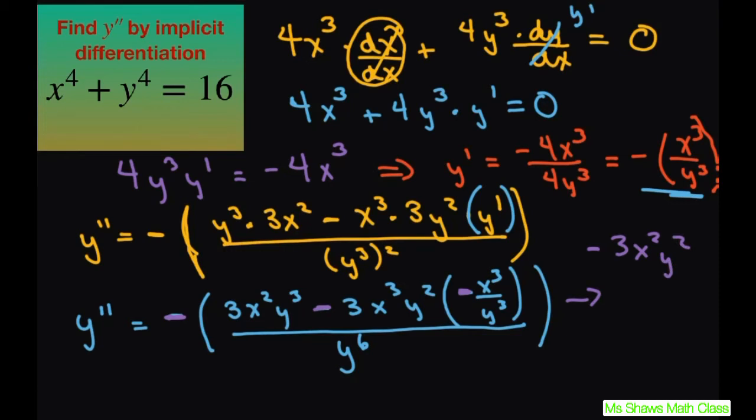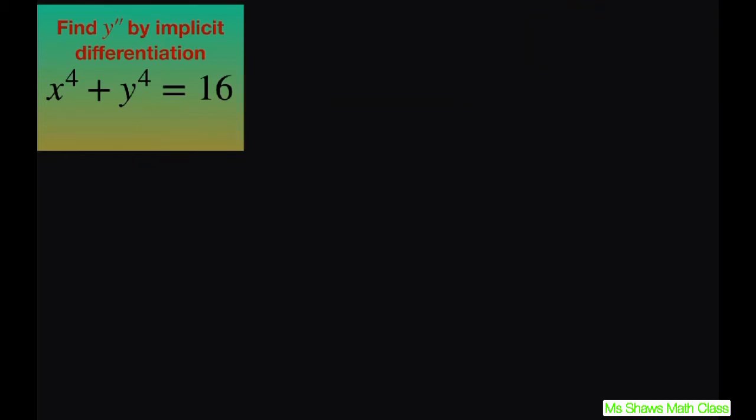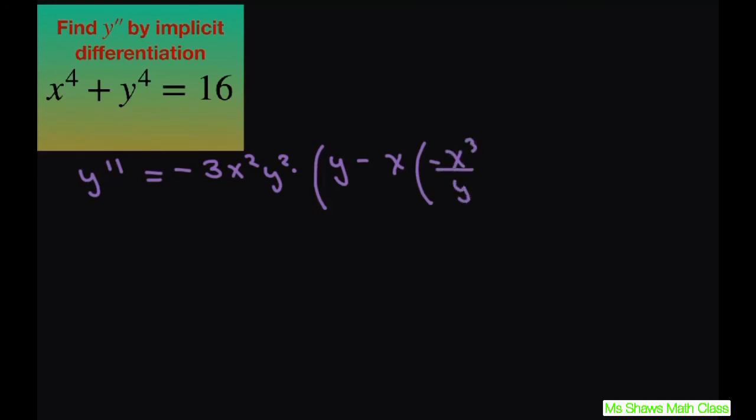So when I do that, I'm going to get y double prime equals negative 3x squared y squared times, and then we had y minus x times negative x cubed divided by y cubed, all divided by y to the sixth.